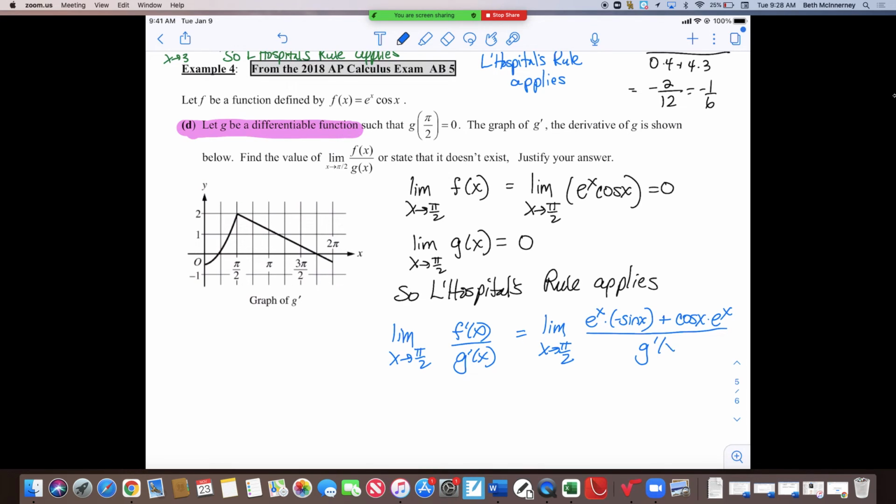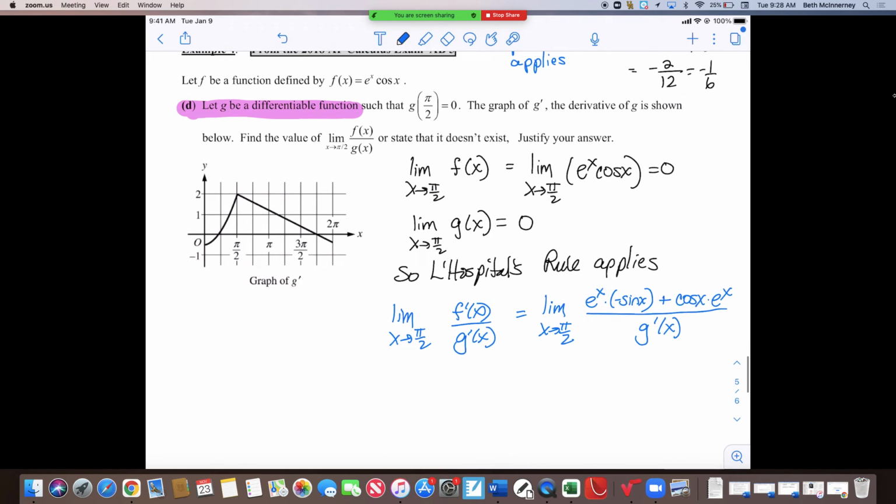And I'm going to leave g prime of x because we're going to get it on the graph. So this is e to the pi over 2 times negative sine pi over 2 plus cosine pi over 2 times e to the pi over 2.